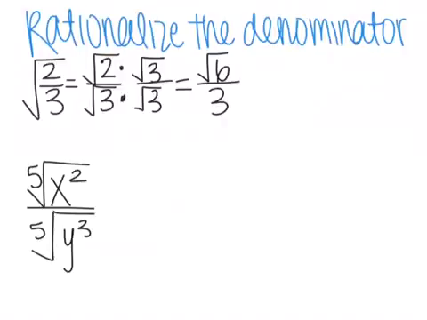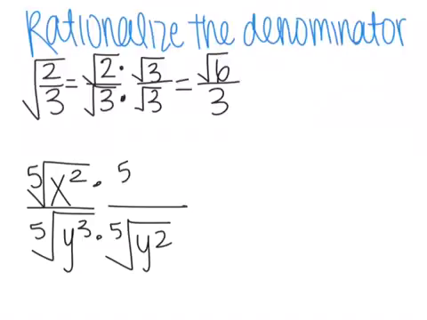To rationalize the denominator here, multiply both the top and the bottom by the 5th root of y squared. Oh, that's wrong.